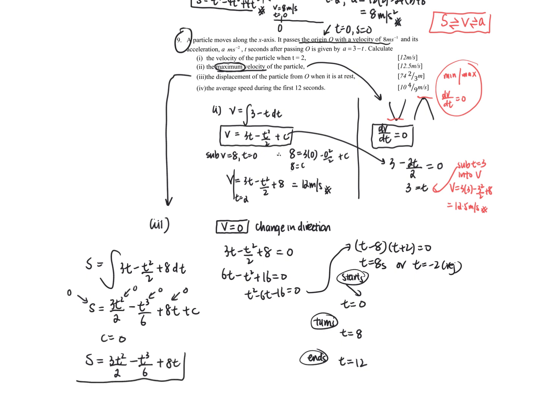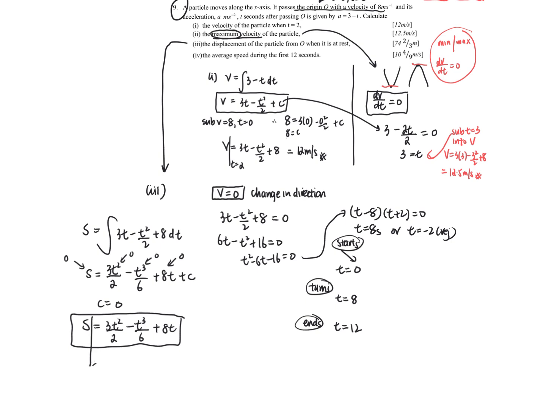For displacement when velocity is at rest, they want you to sub in t as 8, because you already solved that it is at rest. This one means at rest, right? When t is equal to 8. So go and find the displacement here. Sub in 8. What's the answer?